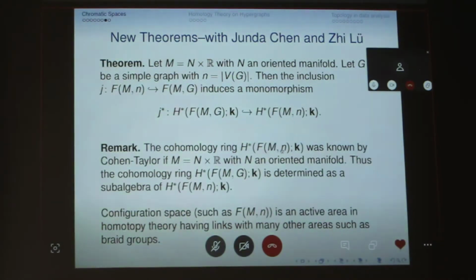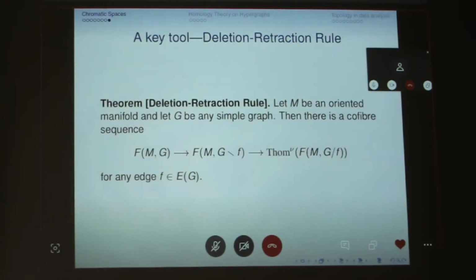Next, I'll try to explain a little bit of the ideas. I found this construction very interesting.